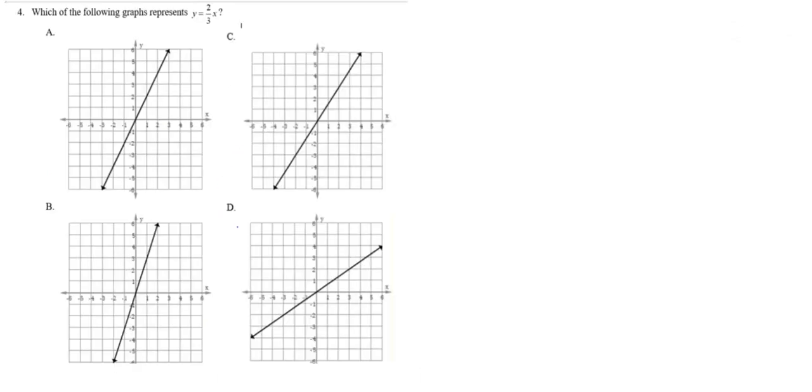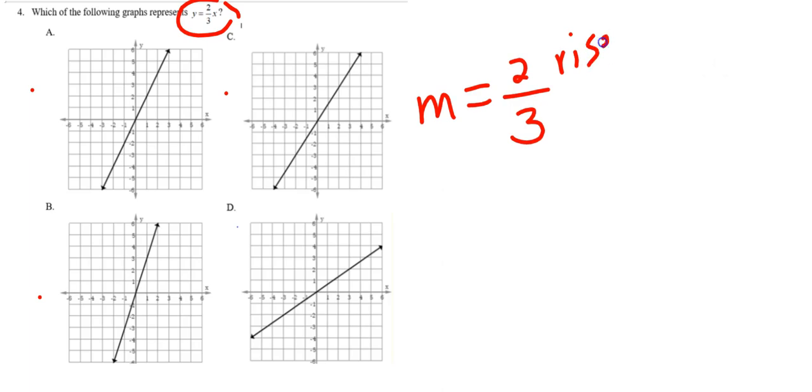Number 4, same thing, but this time we have different graphs to choose from. We're given this equation, so that means the m value is 2/3. That's our slope. That's our rise over run. So we're going to calculate the slope for each of these lines. If I start here and I go here, I'm going to go up 2/1.